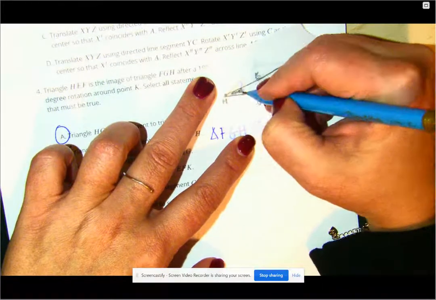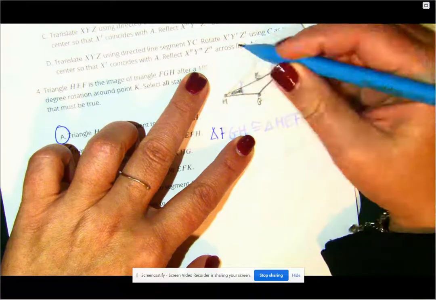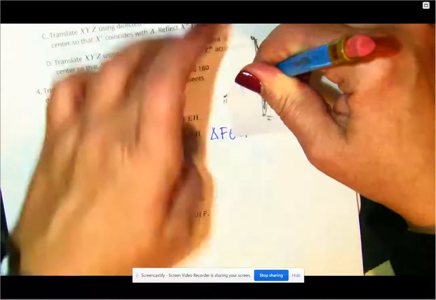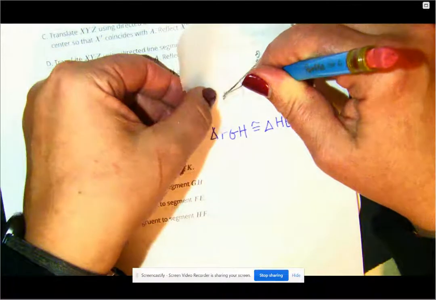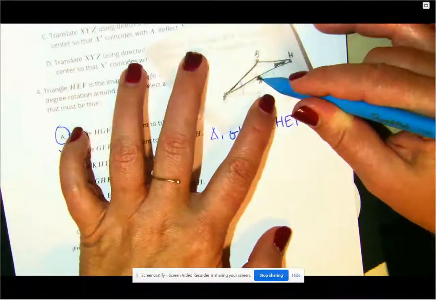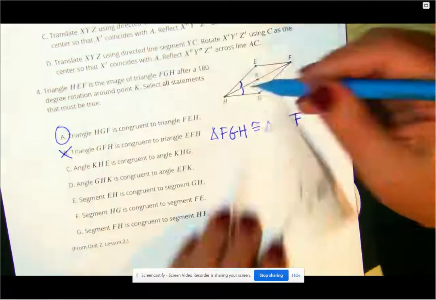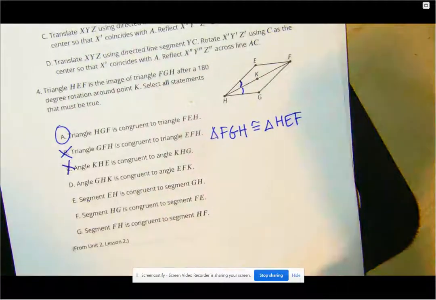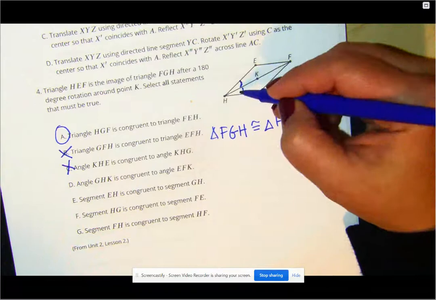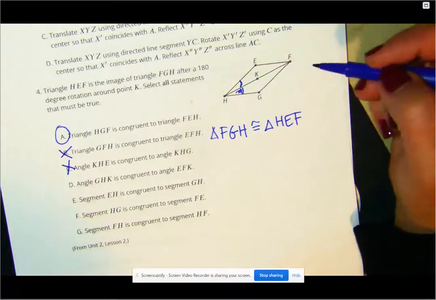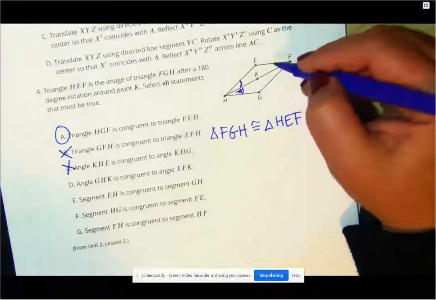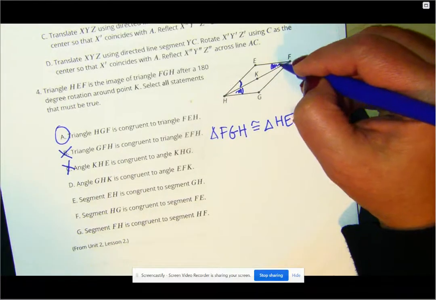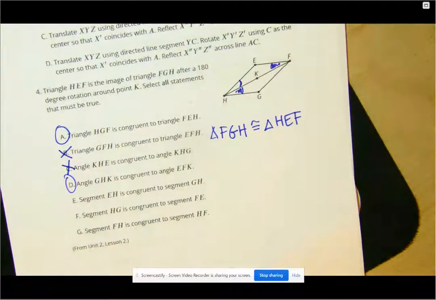They want to know if that angle is the same as that one underneath there. I'm going to rotate it. That angle ended up over there. These two aren't congruent. No. Angle GHK, that's this one, is congruent to EFK. Yeah, that's what we just did. We saw that one already.